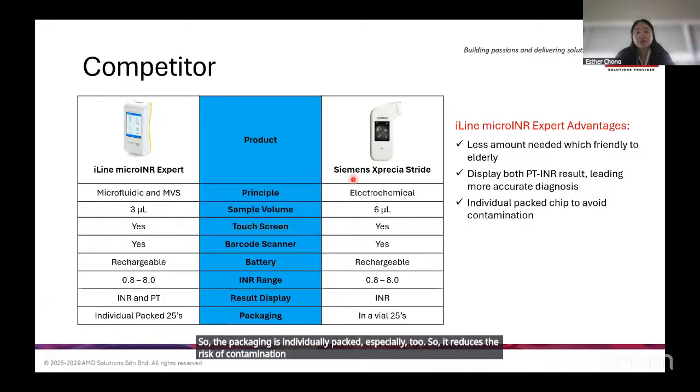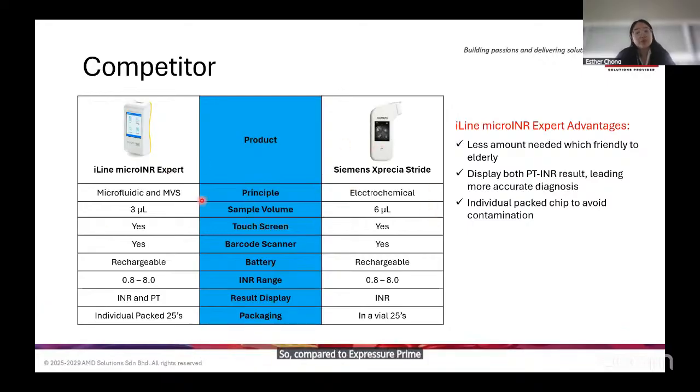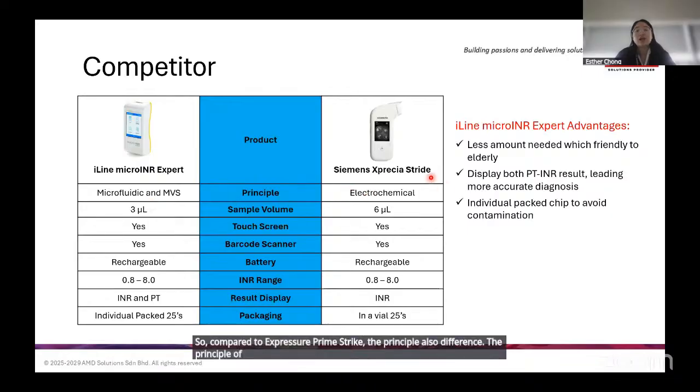Compared to the Siemens Xprecia Stride, the principle is also different. The principle of the Xprecia Stride is electrochemical, and the principle of iLine is microfluidic and MVS.